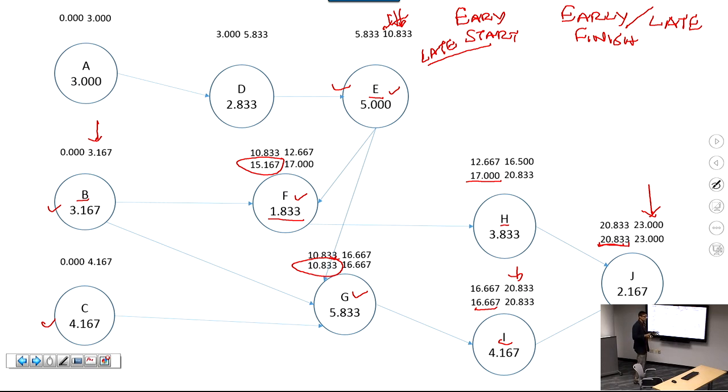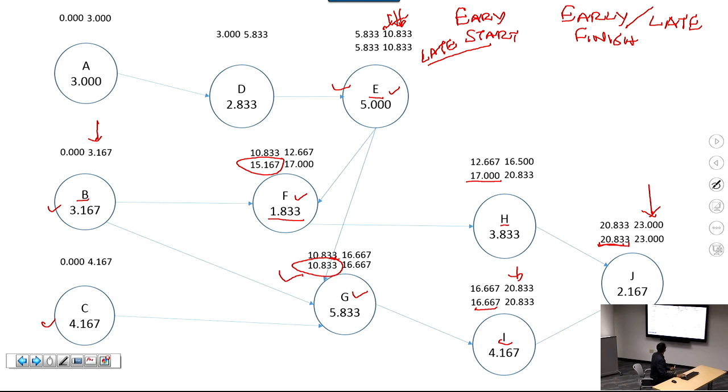So if you want to not delay the project, then you cannot afford to delay either of these two, so that none of that gets delayed, right? Then what that means is E must finish at that time so that both F and G are not delayed. Okay? So then late finish for E would be that. Subtract the time for E, you get the late start for E.